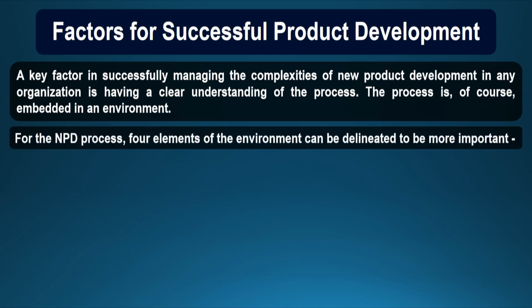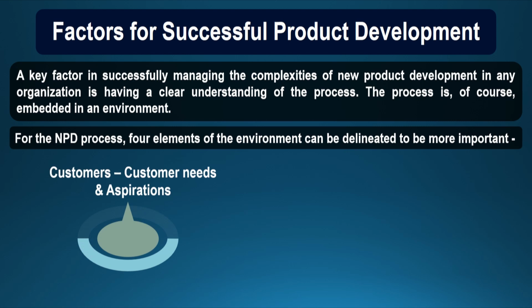So for any NPD process which has to have a successful product development and the kind of successful implementation, we need to look at the customer needs. It has to match the customer needs for it to be successful.